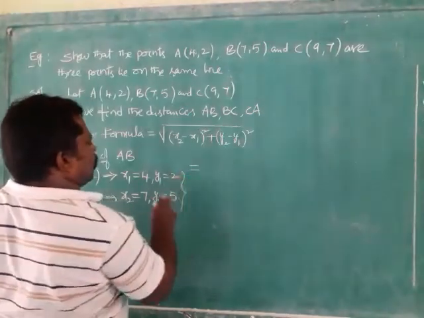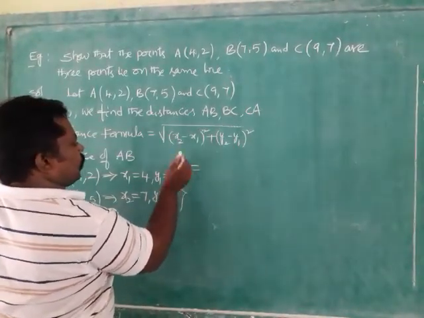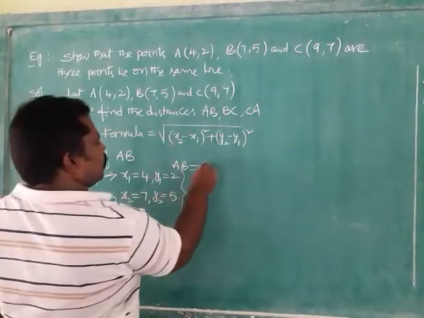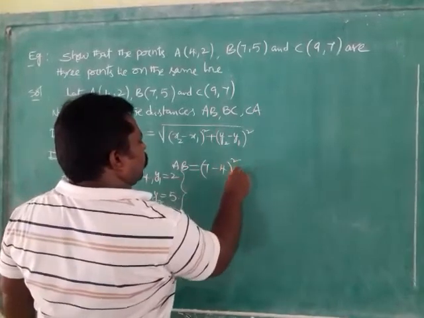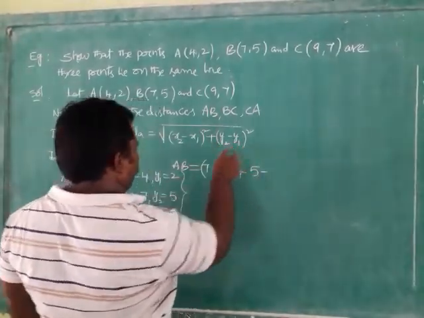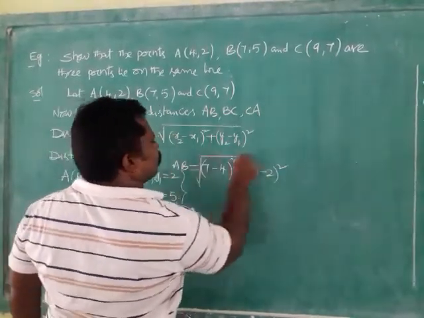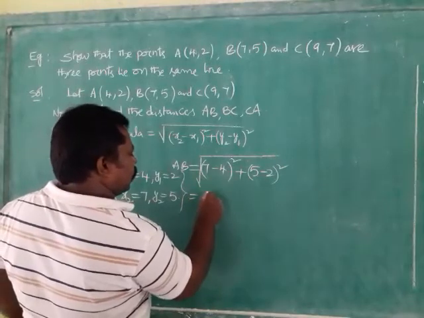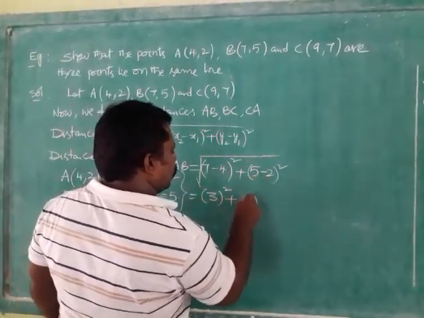AB is equal to the square root of (x2 value 7 minus x1 value 4) whole square plus (y2 value 5 minus y1 value 2) whole square, which is equal to the square root of (7 minus 4, that is 3) whole square plus (5 minus 2, that is 3) whole square.